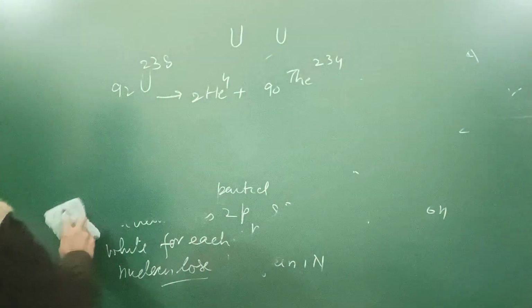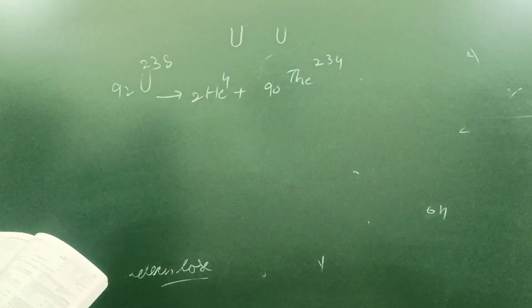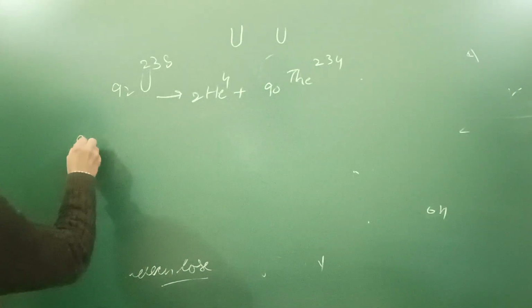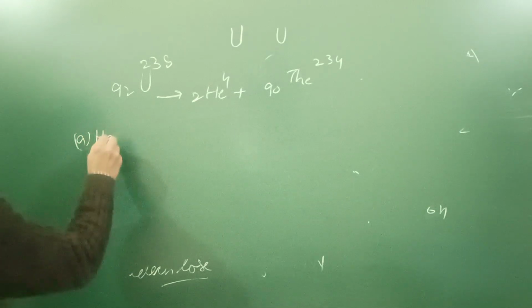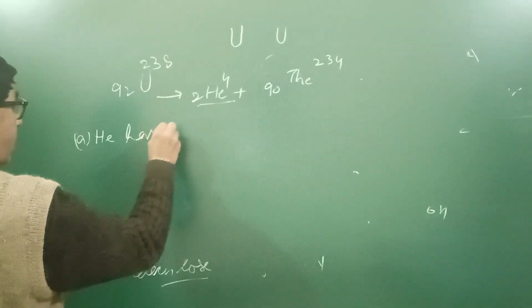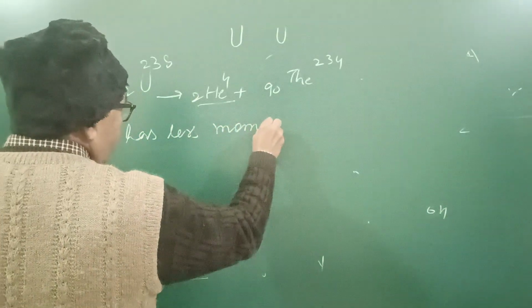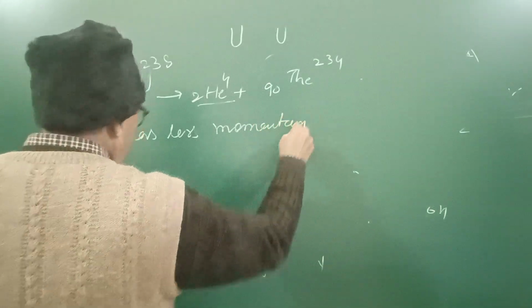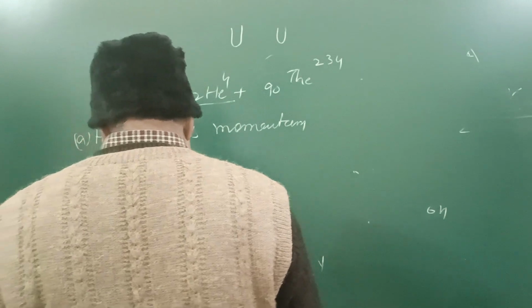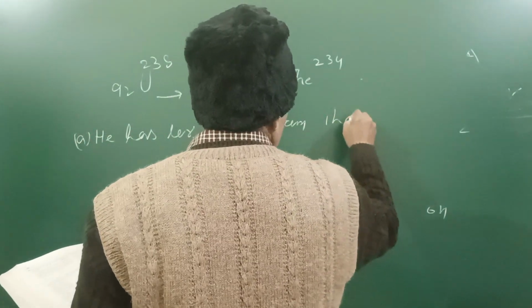During this decay, option A: helium nucleus, 2He4, has less momentum than thorium.